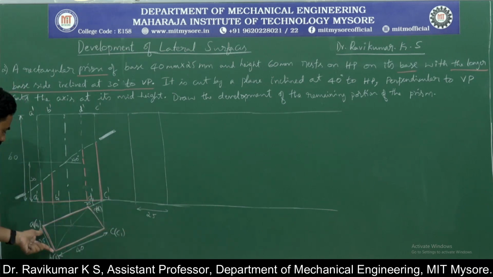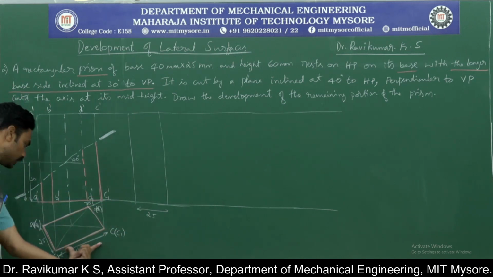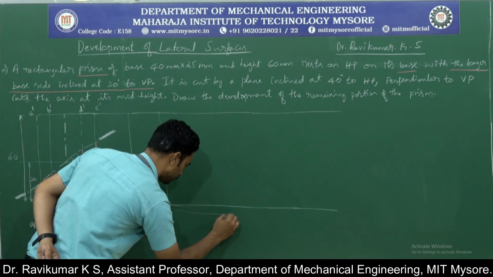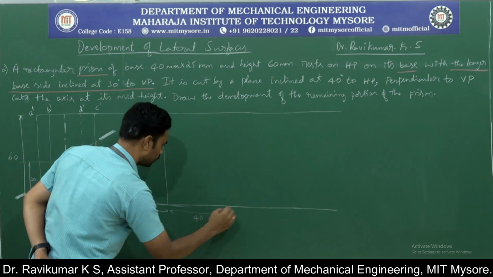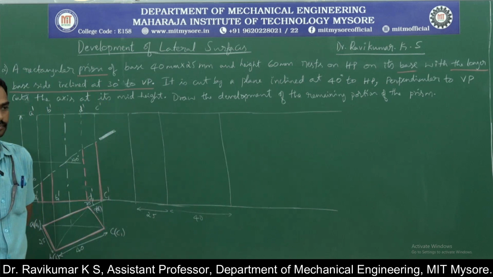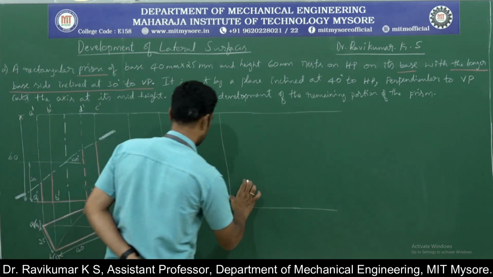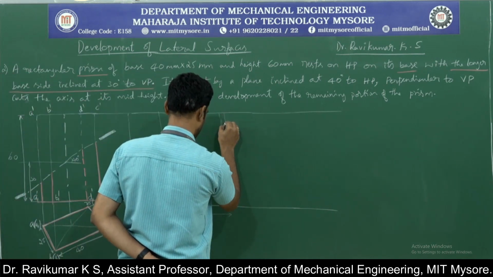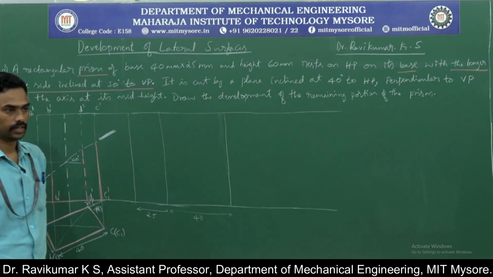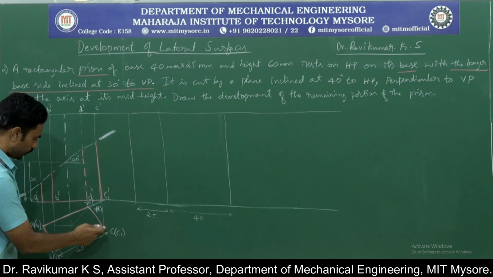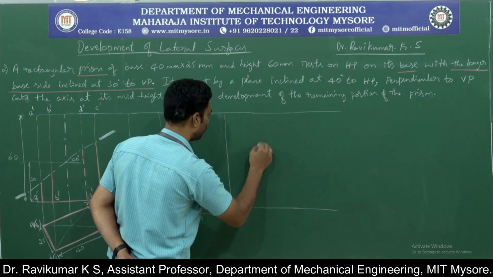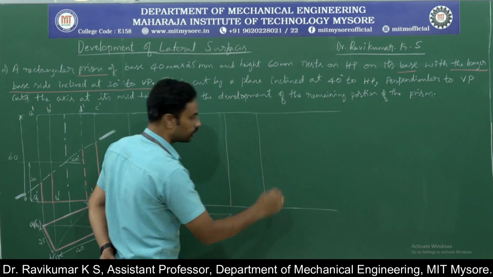So, this represents this particular side. Next is 40. So, from this measure 40, draw a vertical line. Similarly, after this again 25, so measure 25 from here to here, draw a line.